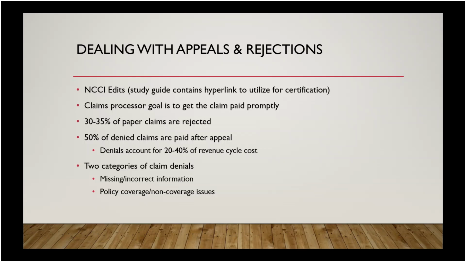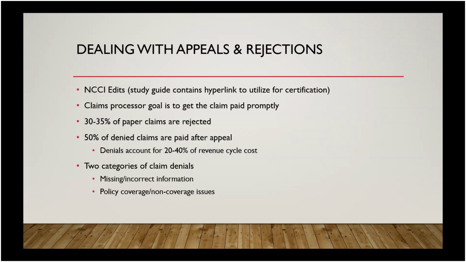So even though it may not have been rejected in the initial editing scrub portion, it doesn't mean it's not going to be denied. So rejection is before it ever gets to the payer. The clearinghouse can reject it.